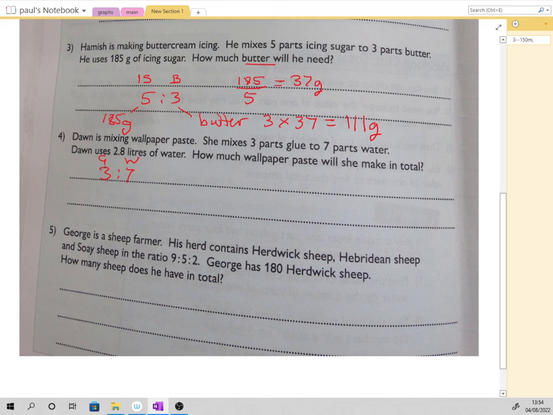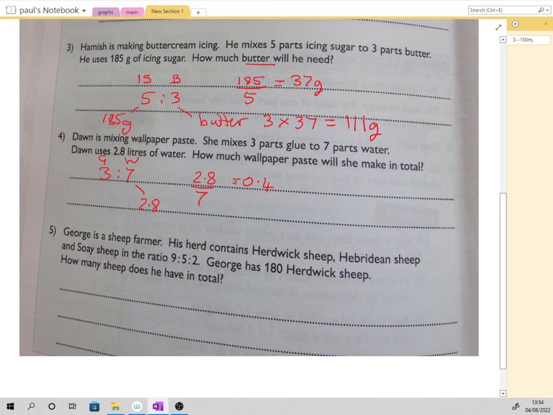Alright, so the water is 2.8 litres. If we do 2.8 litres divided by 7, that is 0.4. So each part of the ratio is worth 0.4 litres.